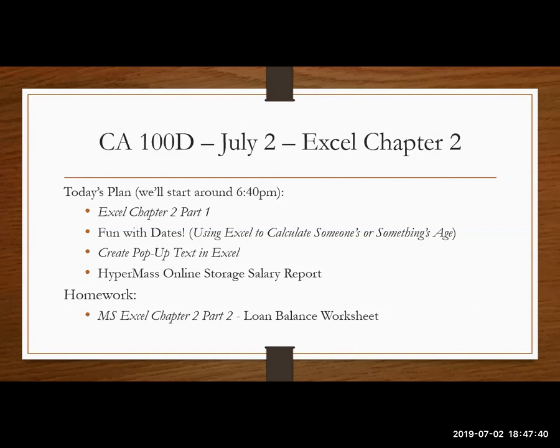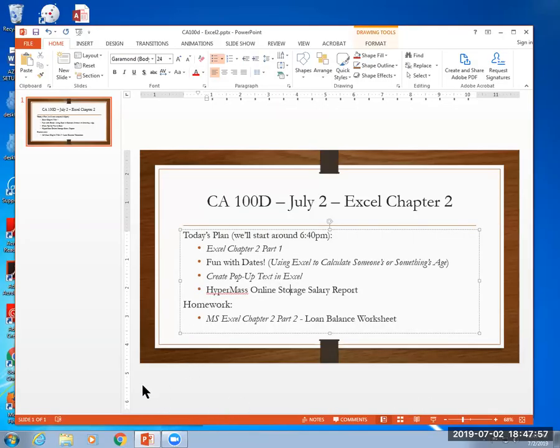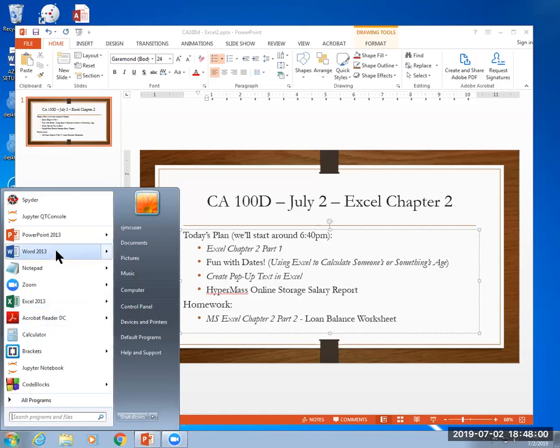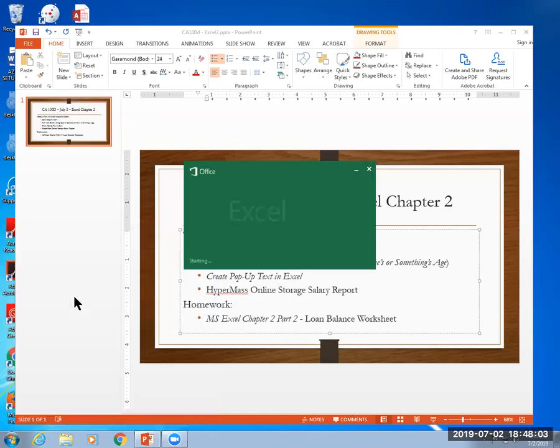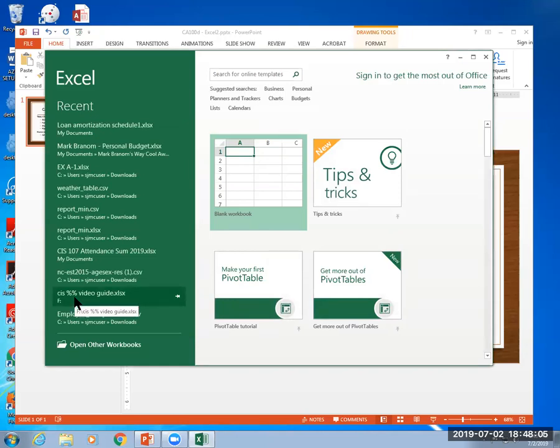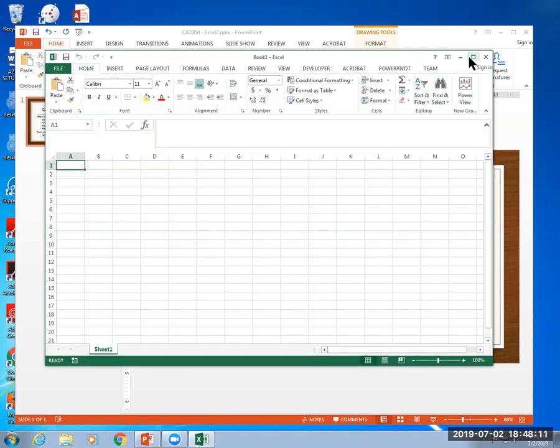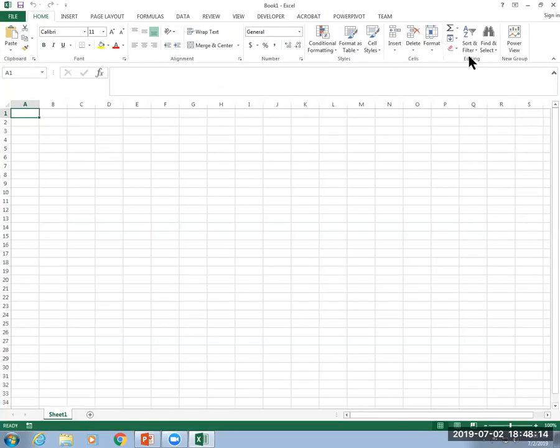All righty. So what we are doing in your booklet, on page 67, is actually the thing that we are going to be creating today. So we're going to be creating the Hypermass online storage report. And a big chunk of what we are going to do is at the bottom of page 67. So one of the things that I will have us do is create a number of formulas.